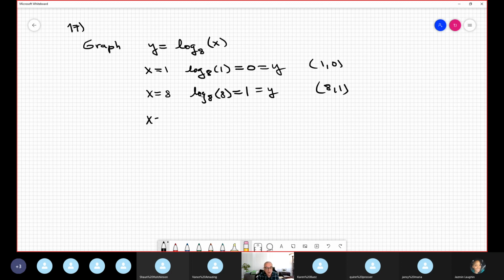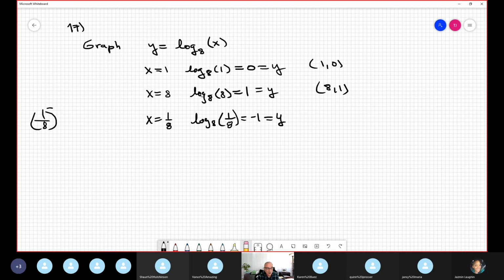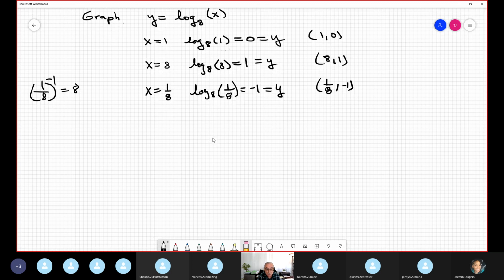And another point is the reciprocal of a. When you compute the logarithm of base a of 1 over a, it's obvious it's negative 1, because the exponent that you need to raise, so 1 over a raised to the negative 1 is a, no? So the point is 1 over 8, negative 1. Okay, let me try by hand, and after we see in decimals.